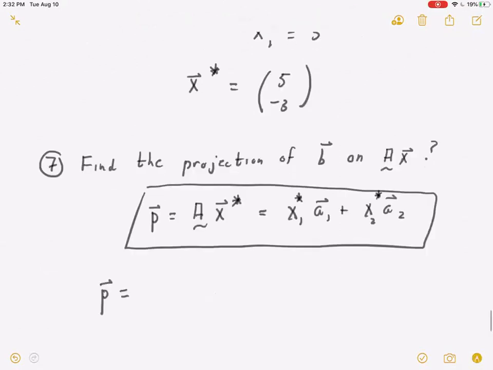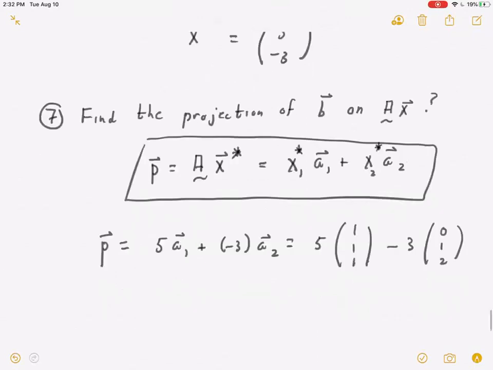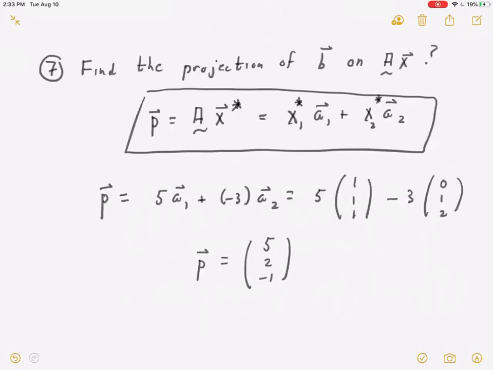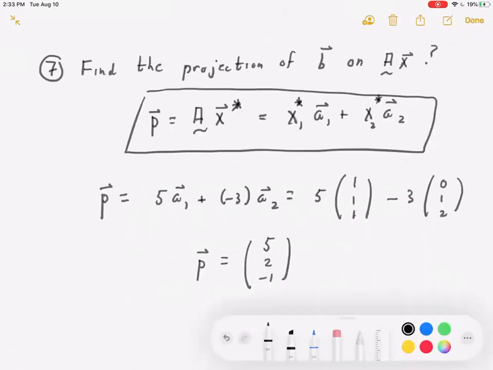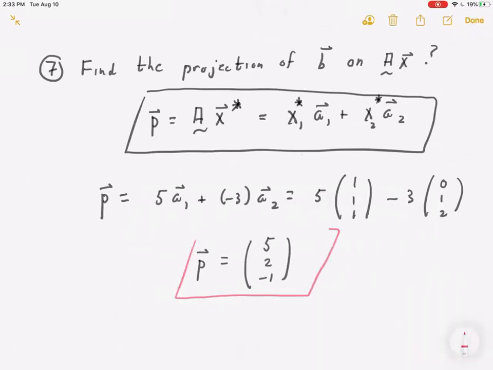So this projection is just 5 times A sub 1 plus -3 times A sub 2, and that's 5 times 1, 1, 1, -3 times 0, 1, 2. So the projection of B onto the plane is this vector, this 3 by 1 matrix, written as follows. And that is your answer.